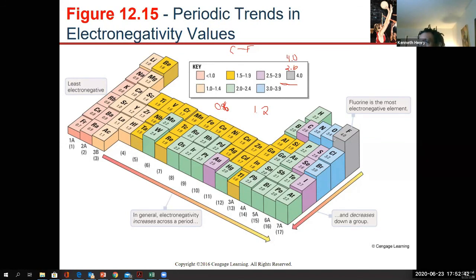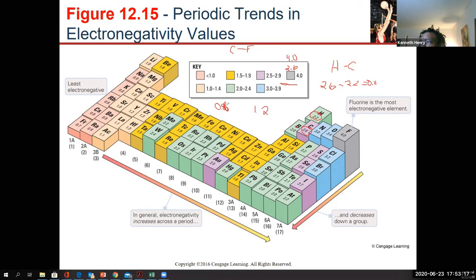For instance, carbon and hydrogen. Hydrogen is 2.2 and carbon is 2.6, so 2.6 minus 2.2 is 0.4.